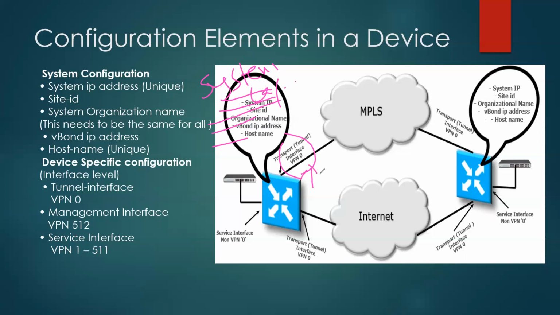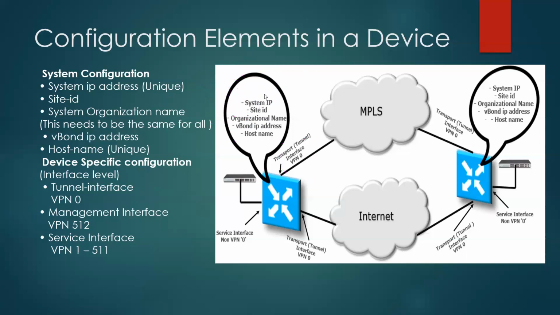And then you need a VPN 0 configuration, and you need some VPN 512 configuration as well. So these 5 items, VPN 0 2 items, VPN 512 2 items, less than 10 lines of configuration you need to bring up your device. That will be your bootstrap configuration.